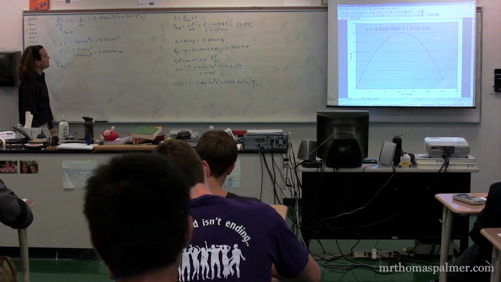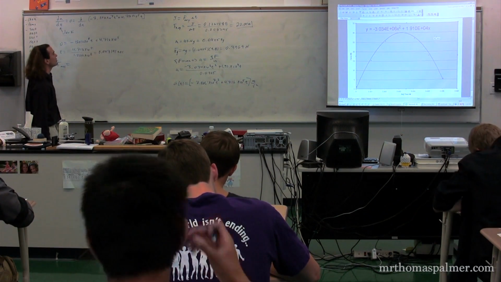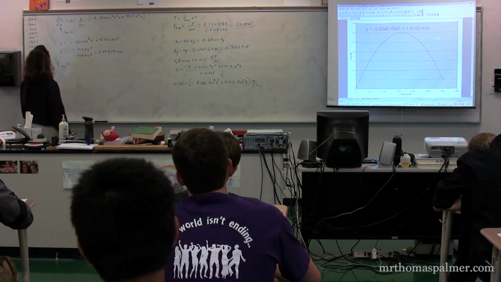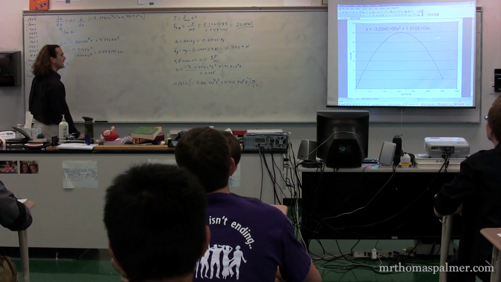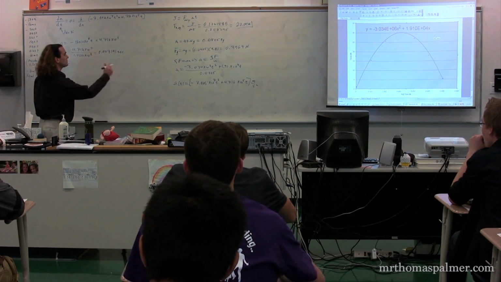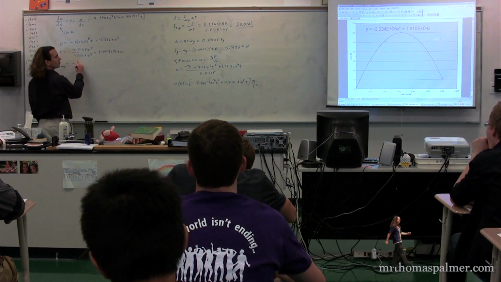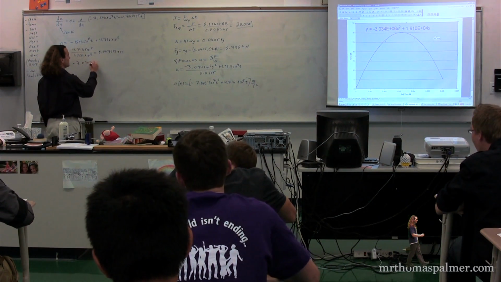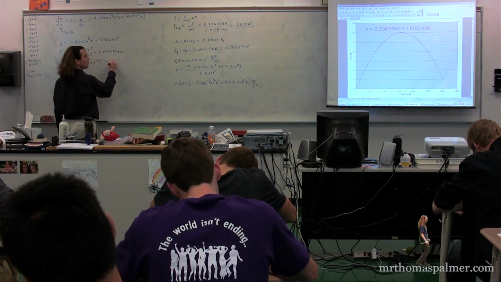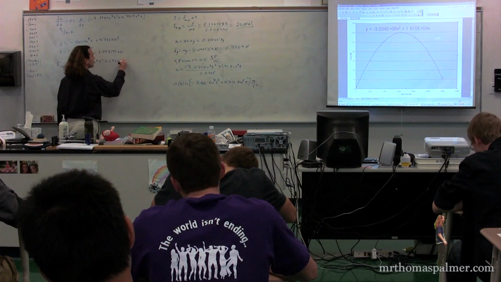Now we can figure out the maximum force. The force as a function of time is no longer on the board. No, there it is. It is negative 3.034 times 10 to the 6th t squared plus 1.91 times 10 to the 4th t.